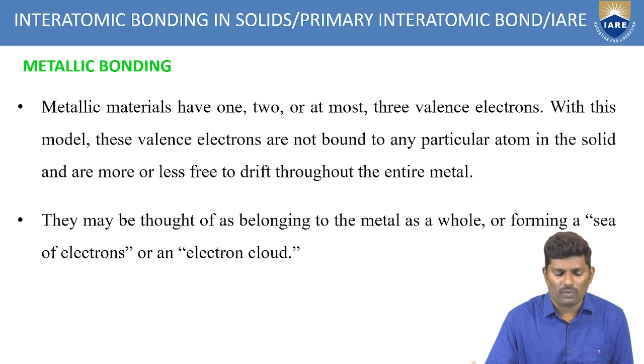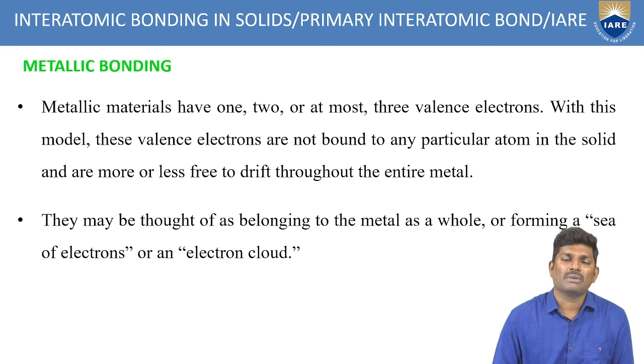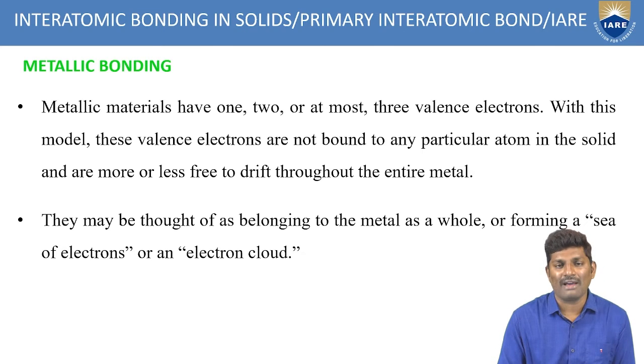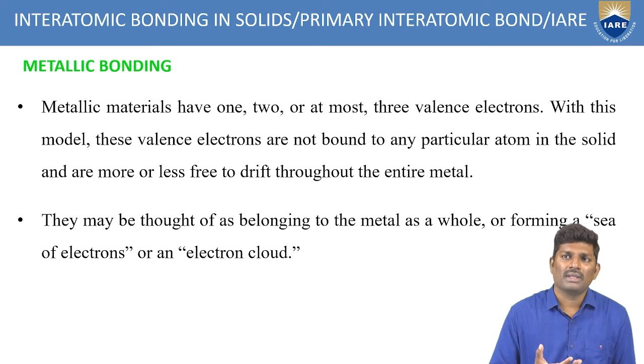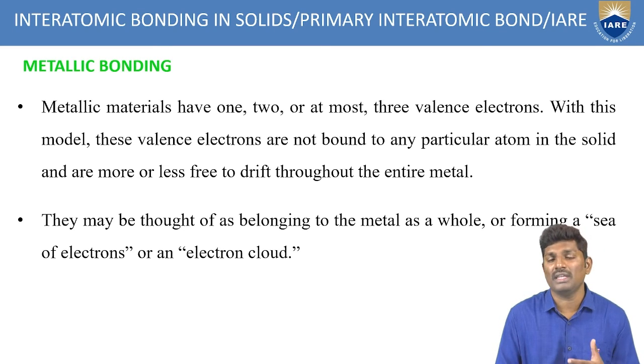So what is happening in metallic bonding? The metallic materials have 1, 2 or 3 valence electrons, and these valence electrons are shared with other atoms.